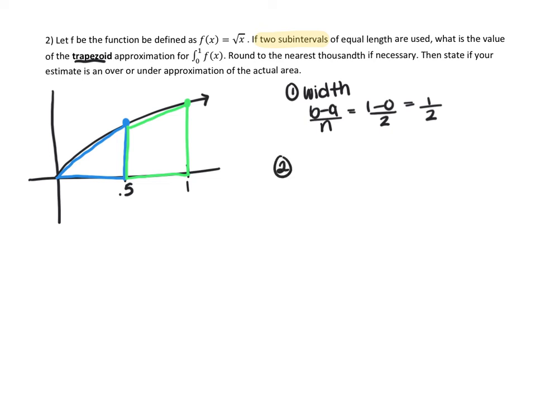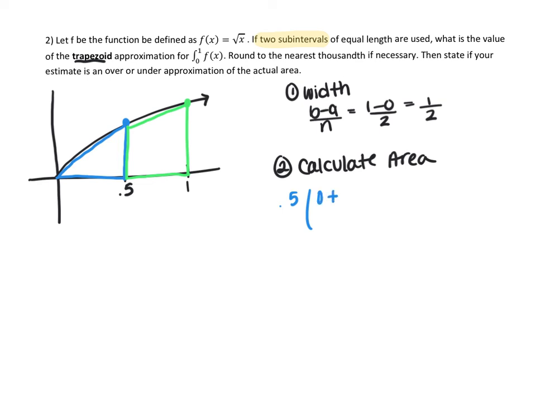So step 2, we're going to calculate the area. Now, if you want to use the trapezoid formula, you absolutely can. So I'll use blue for the blue one. So the height we know is 0.5, so we can go ahead and put that in. And base 1, technically there is no height, so this base 1 is actually 0.